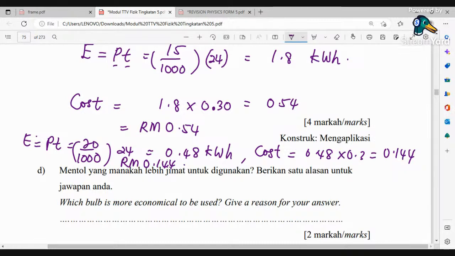Okay, you can see for the first one using 0.54, the second one using 0.144. So which bulb is more economical? Give reason for your answer.